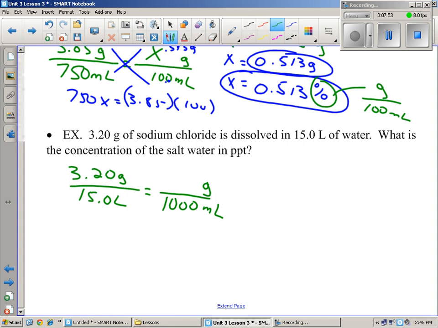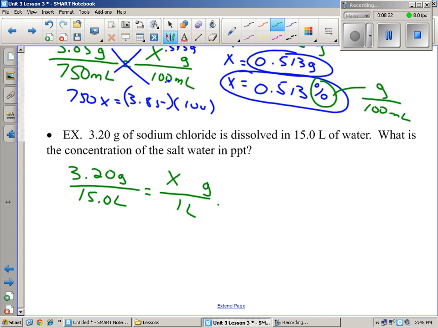So we have grams and grams, which is fine, but we have liters and milliliters. So you need to convert one. I don't care which one you convert. You can convert this to 15,000 milliliters, or you can change this to a liter. It's up to you. I like to change this to a liter, but it totally does not matter. You will get the same answer, obviously. Remember, parts per thousand means grams per 1,000 milliliters, or grams per liter. Same thing, right? So cross multiply and solve here.